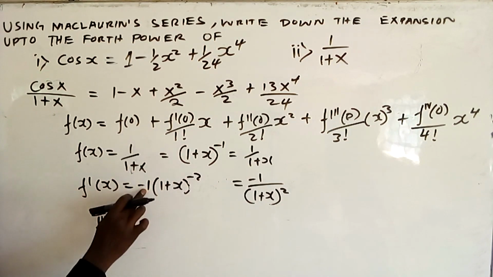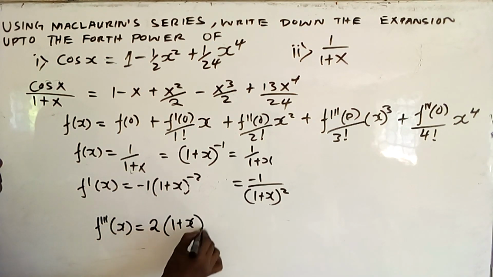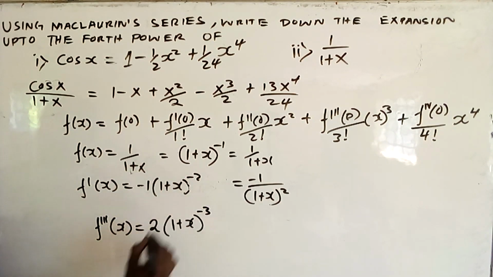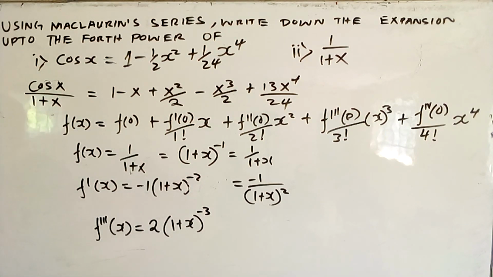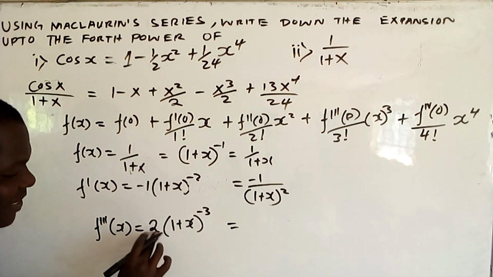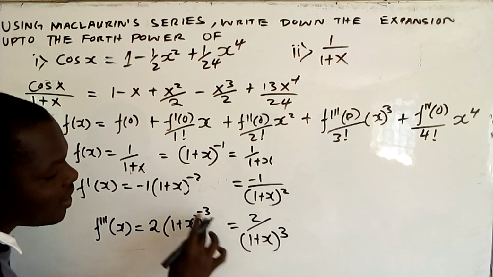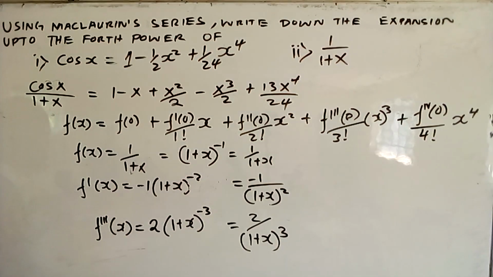So go here, negative 2 times negative 1, you get 2, then you reduce the power by 1. Negative 2 minus 1, you get negative 3. So what do you end up with? In simplest form, negative means it is in the denominator, isn't it? So we have 2 over 1 plus x raised to power 3. This negative sign means reciprocal, isn't it?